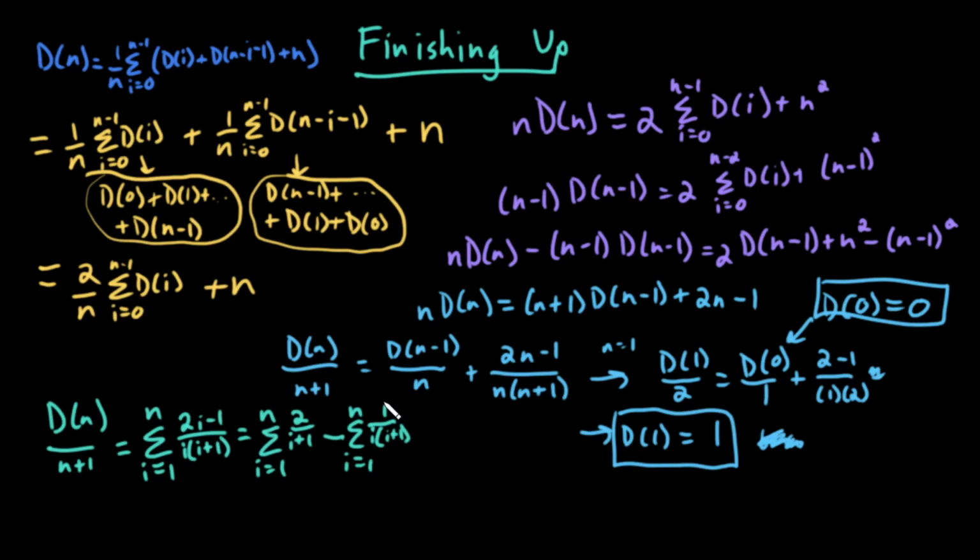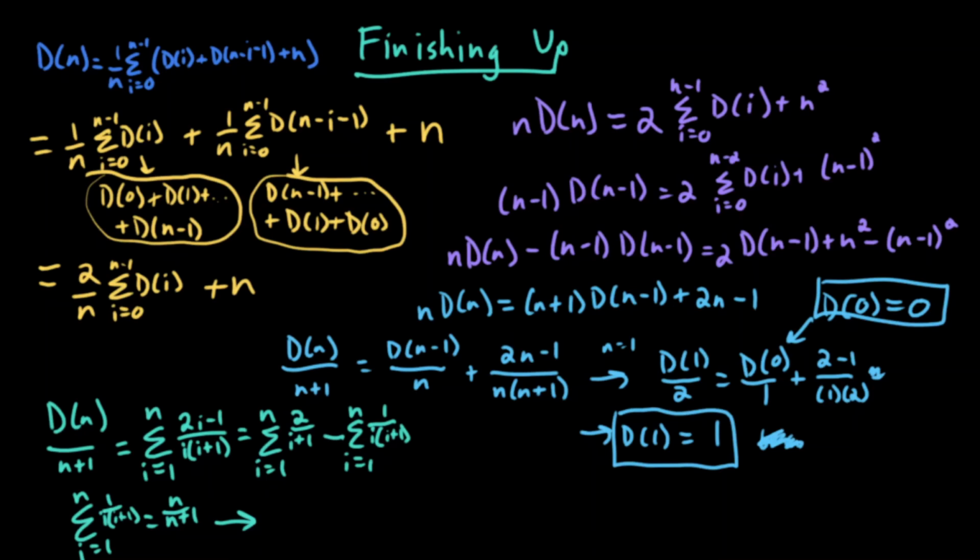And I can further simplify this using induction. I won't show it here, but I'll just summarize. The sum from i equals 1 to n of 1 over i times i plus 1 equals n over n plus 1.